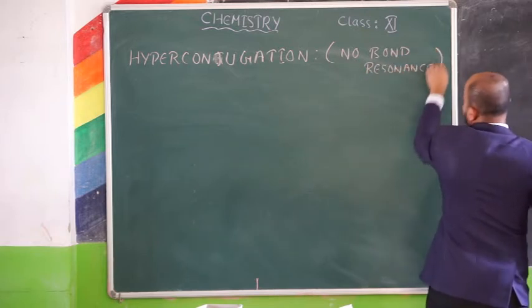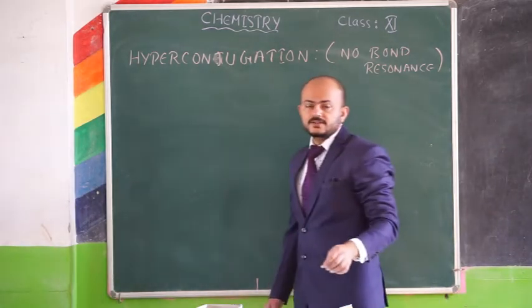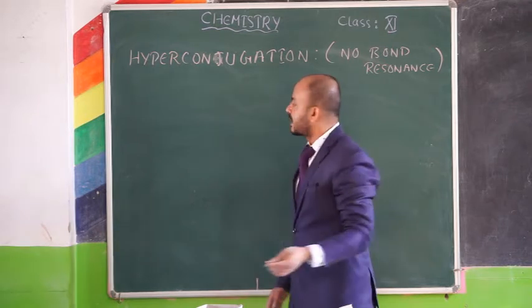Now for hyperconjugation to take place, there has to be the presence of a double bond, and there has to be an alpha hydrogen.